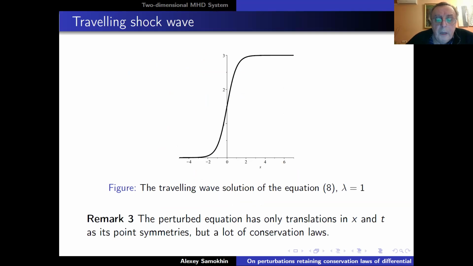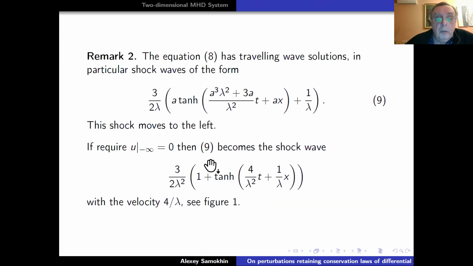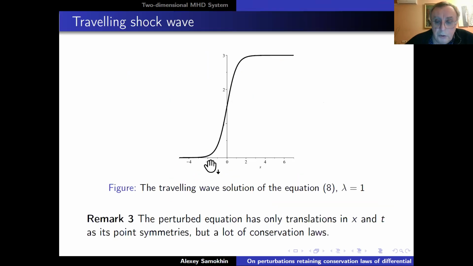And also the perturbed equation has only translations in X and T, and they are both interesting, but it has a lot of conservation laws. Not only is momentum conserved, but the resulting perturbed equation has a lot of conservation laws.